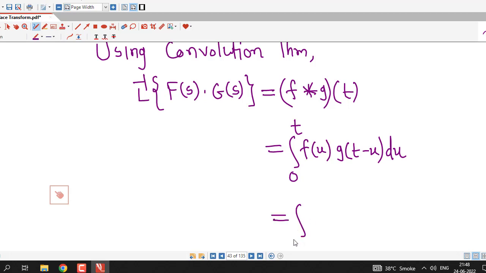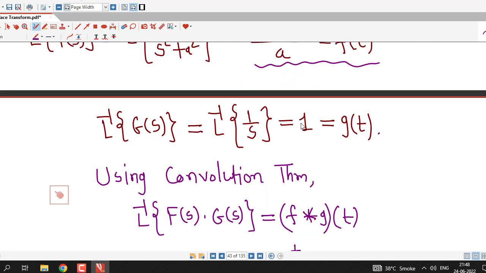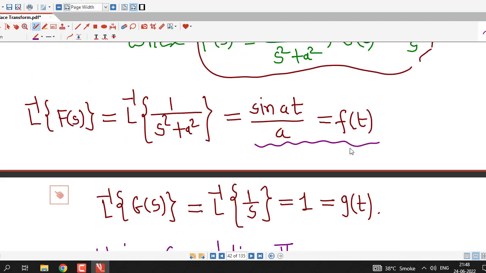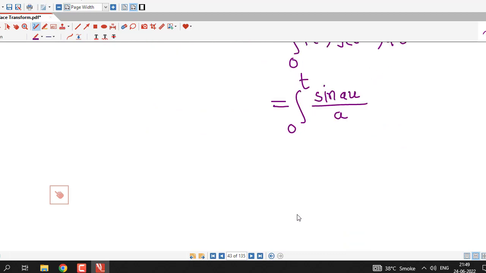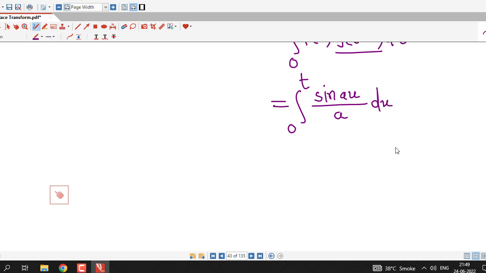Now we substitute values of small f of u and g of t minus u. F of t is sin at by a, therefore f of u is sin au divided by a. So we write here sin au divided by a, and g of t is the constant function 1, therefore g of t minus u is also 1. So we have g of t minus u equal to 1, so we have to integrate only this sin au.